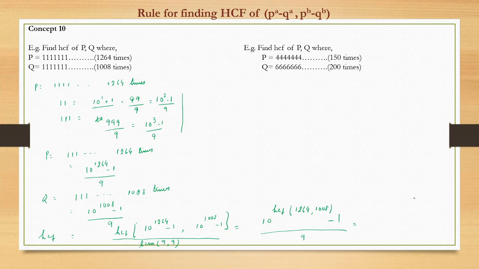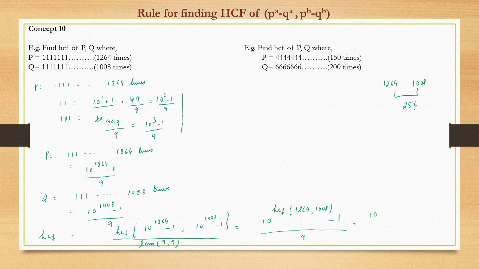So this further we can write as 10 raised to power the HCF of this would be what? Let us calculate. The difference between 1264 and 1008 is 256, so it has to be a factor of 256.